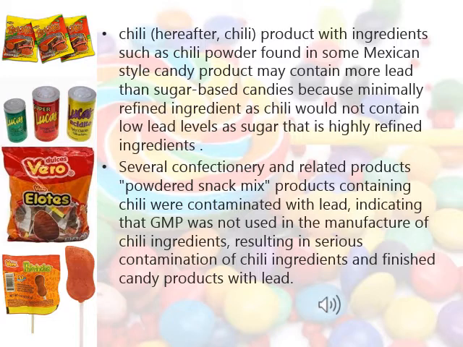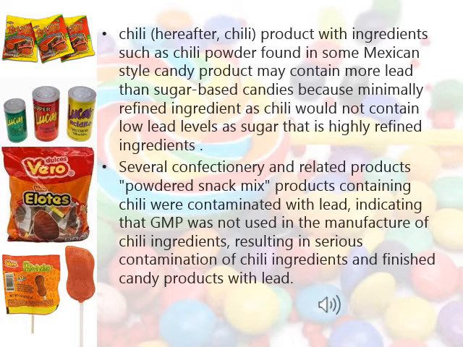Products with ingredients such as chili powder, found in some Mexican-style candy products, may contain more lead than sugar-based candies, because minimally refined ingredients such as chili wouldn't contain as low lead levels as sugar, which is a highly refined ingredient.